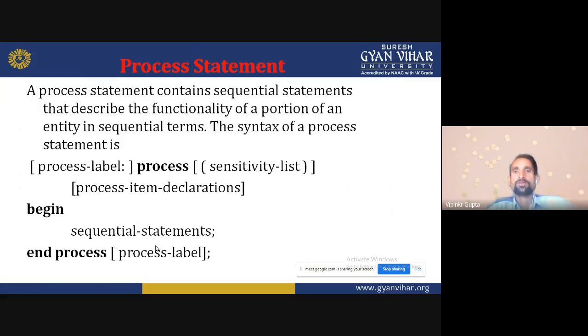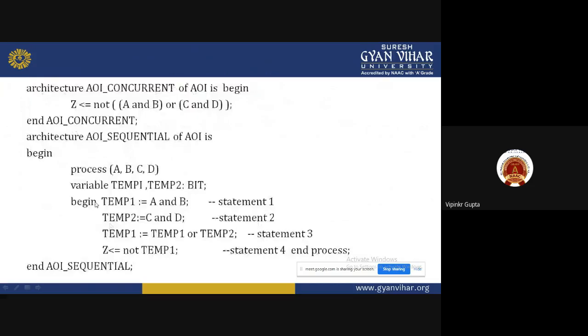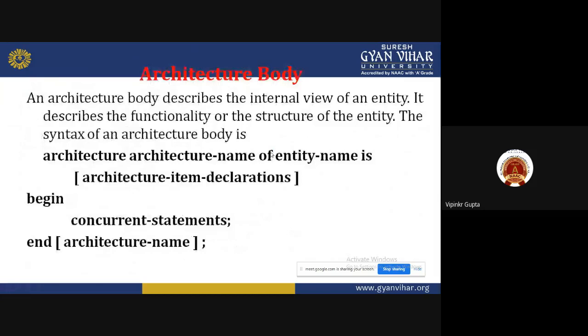The syntax of a process statement is: process label, process sensitivity list A, B, C, D, like that we can use, begin, end process. If we start the process, then we can close the process, and this holds sequential statements. We saw in the previous example also that after the process we start the begin and then we can close.